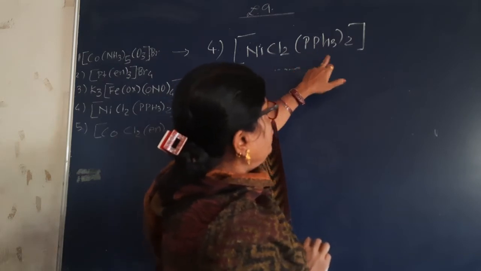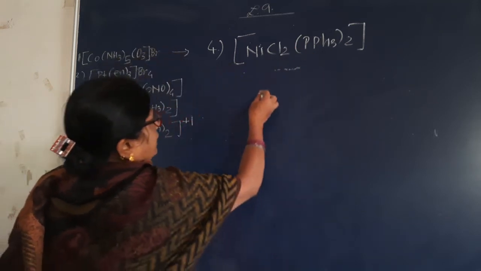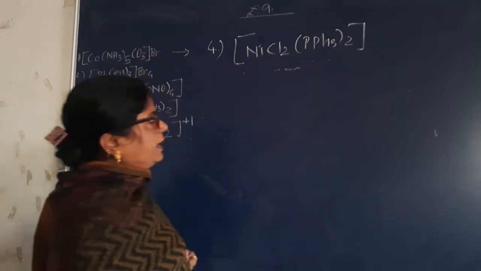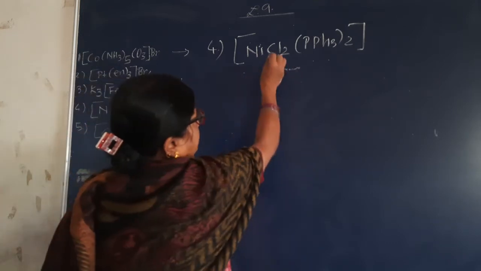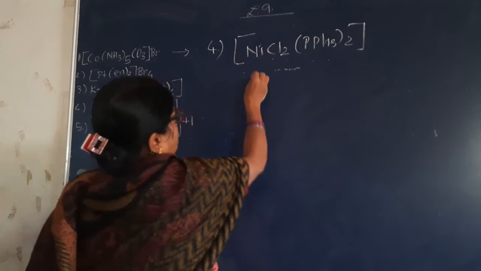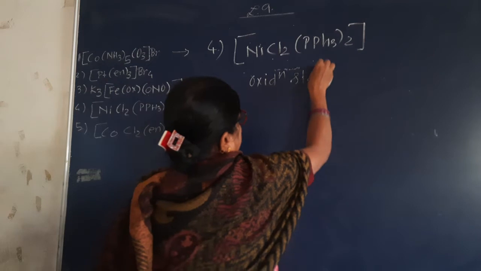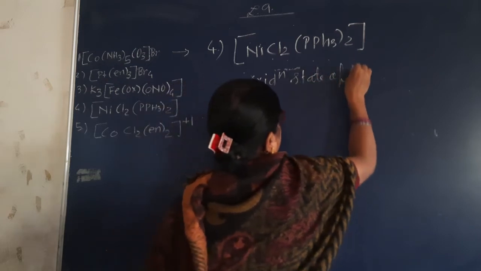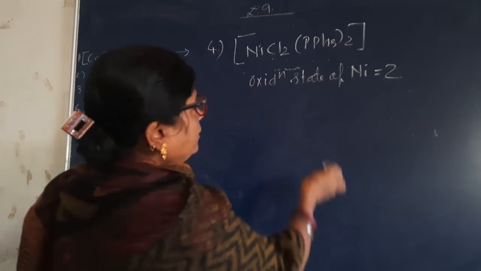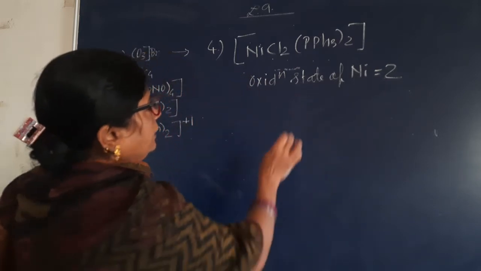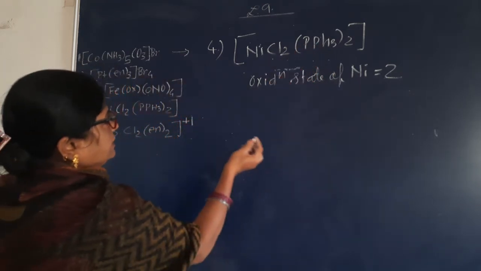This ligand is known as triphenylphosphine. It is very simple to write, and triphenylphosphine is a neutral ligand. So only chlorido has charge. So it is -1 into 2, which is -2. So the oxidation state of nickel is 2. See carefully. Why? Because PPh3, triphenylphosphine, is a neutral ligand.